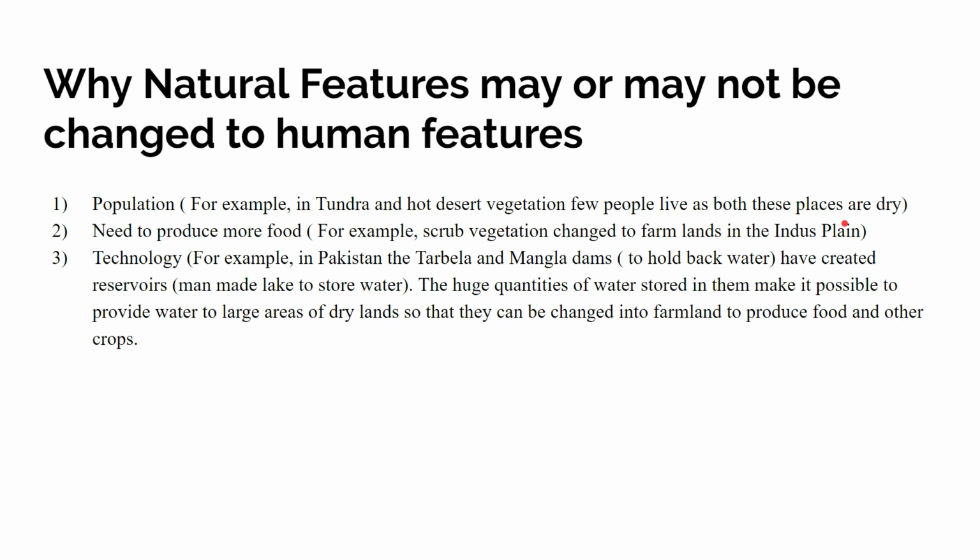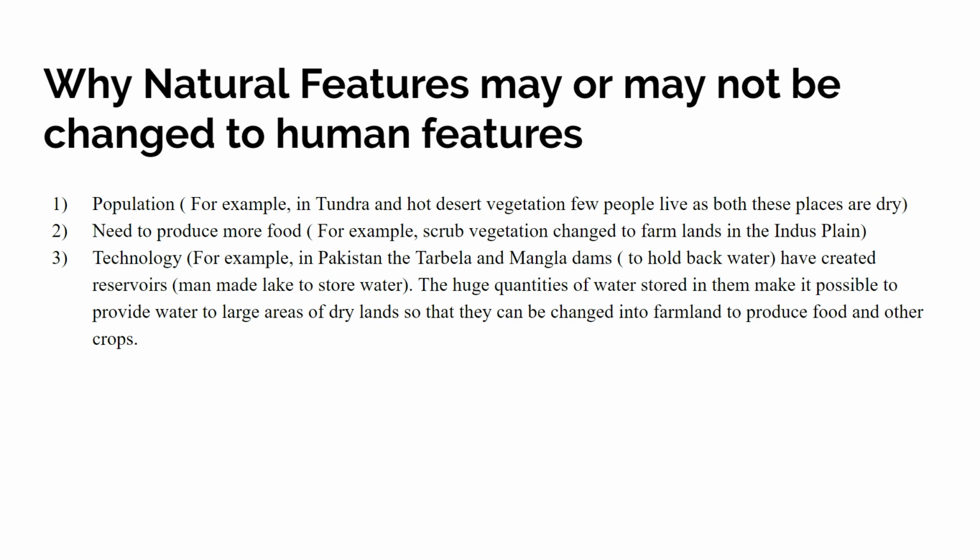Because these places are very dry and they have extreme temperatures as well. This is too cold and this is too hot. Now, if you talk about the need to produce more food, for example, if in an area we have tropical rainforest, then we don't need to incorporate a lot of human changes, because we have plenty of food available there.